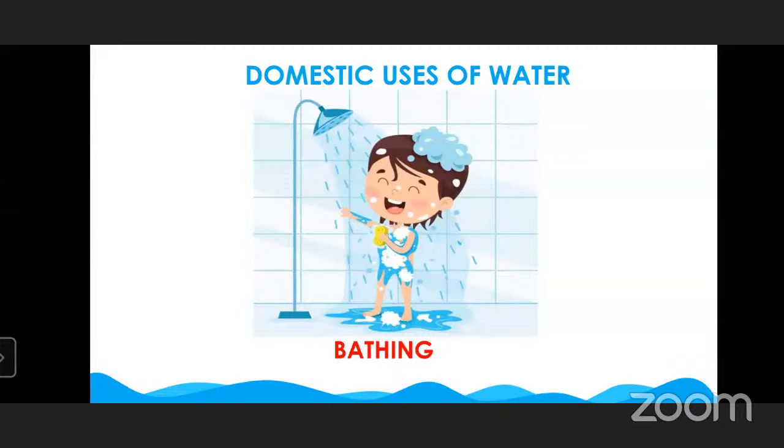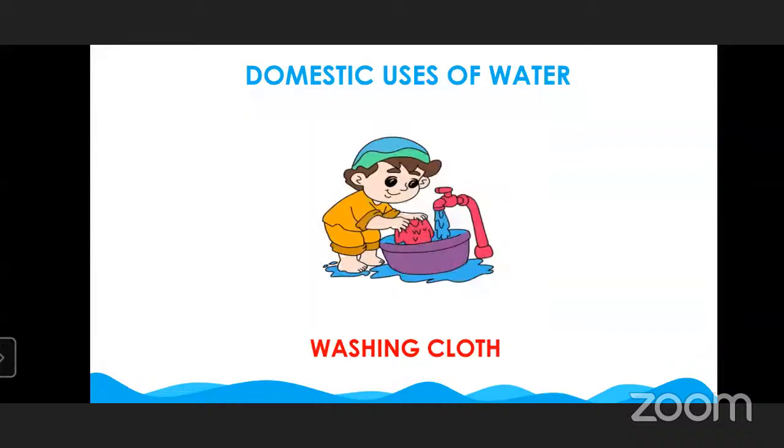Next use of water is washing clothes. We use water for washing our clothes. Usually, a washing machine uses more water than a regular wash of clothes.